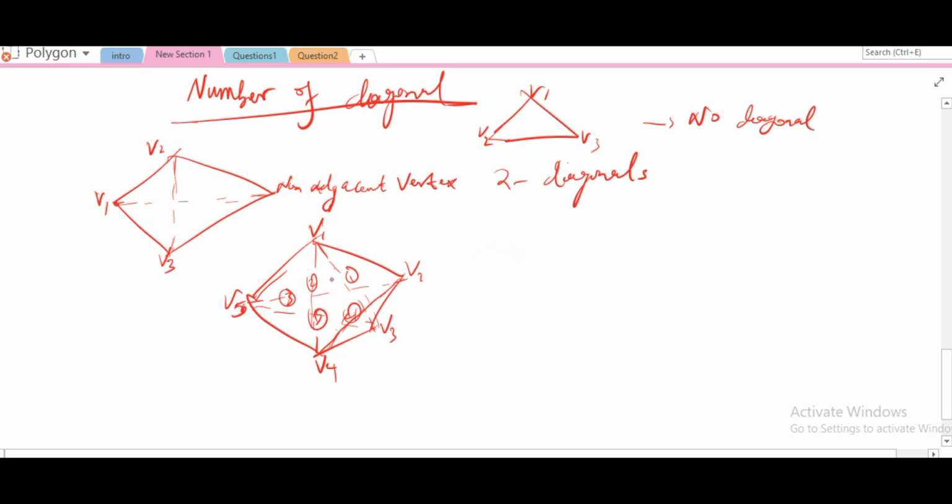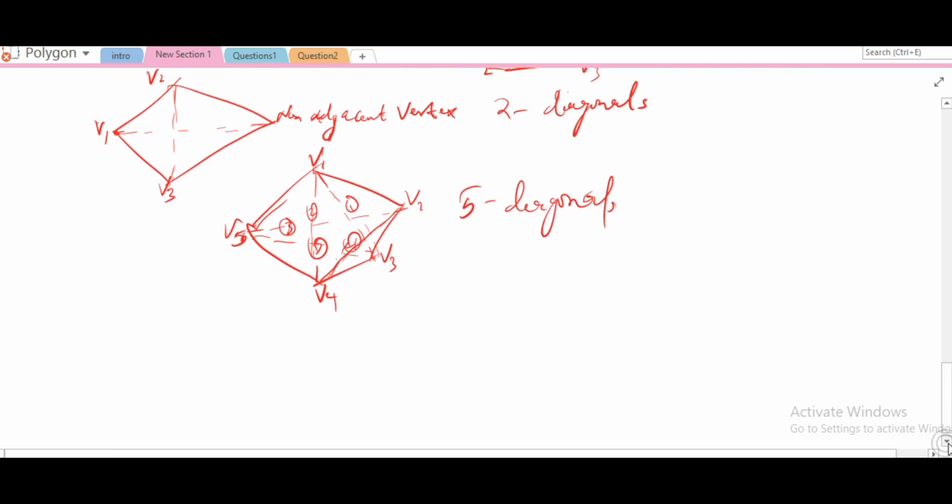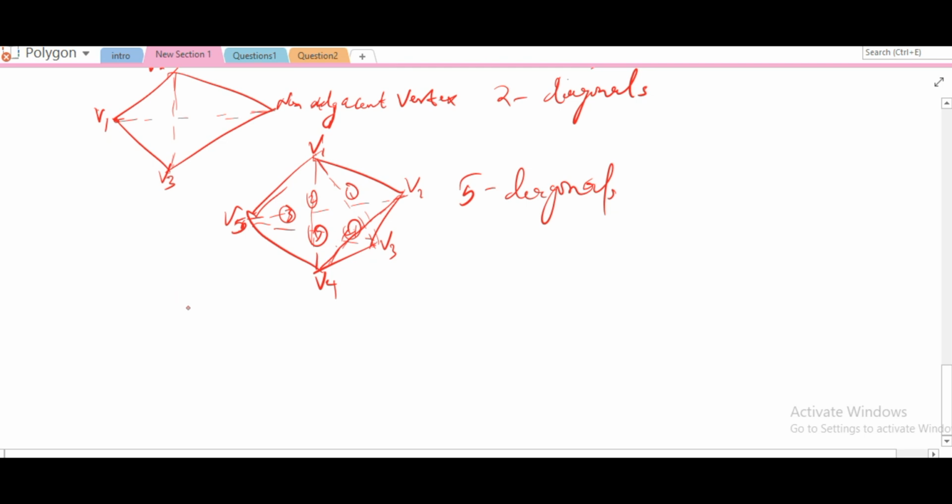So we have 5 diagonals. So without wasting time, we notice something. We have 3 triangles, we have a triangle, no diagonal. Quadrilateral, 2 diagonals. Pentagon, 5 diagonals.